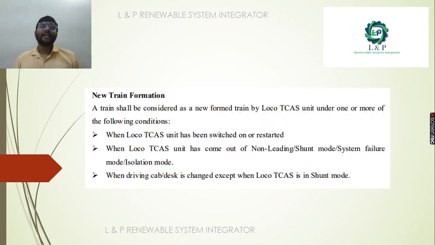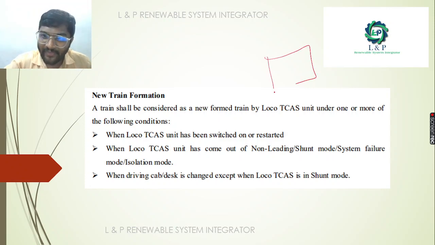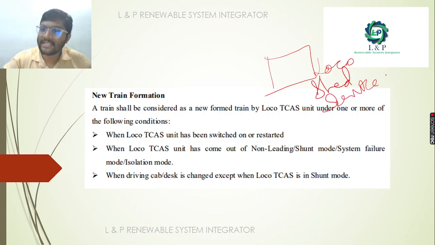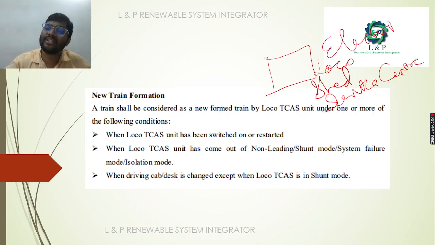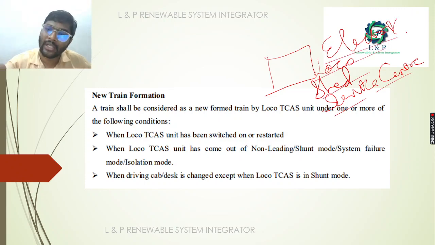Most importantly, how will we know a new train has formed? Say, for example, consider a situation where there is a train in the electric loco shed service center, so it has been taken in for service.